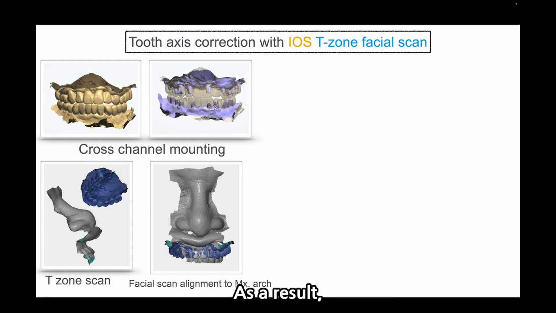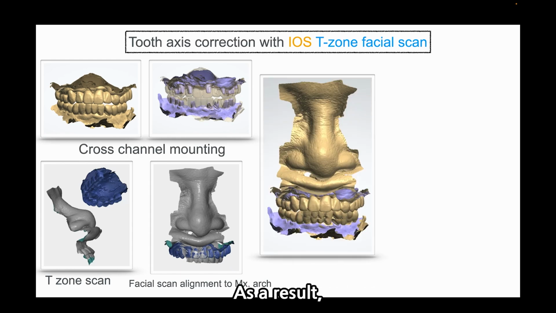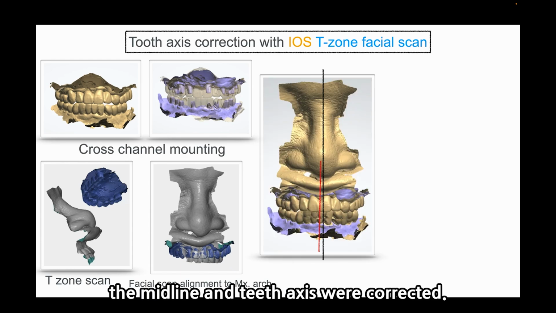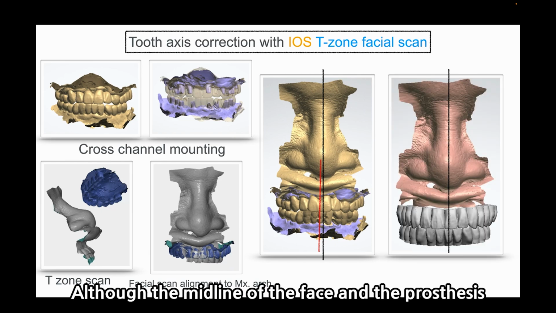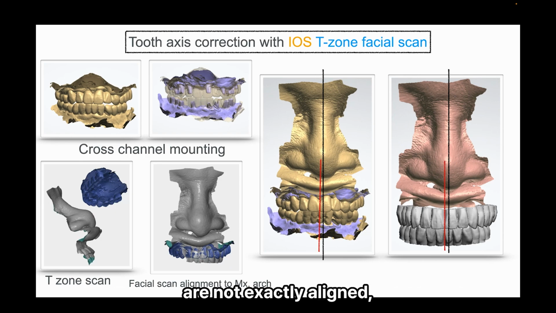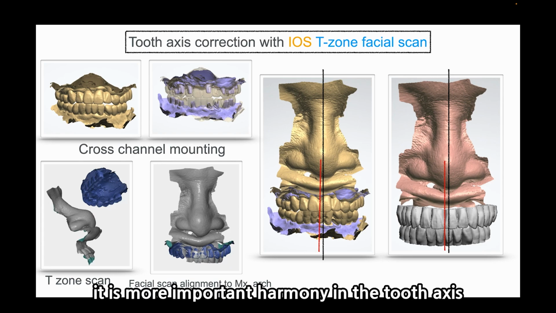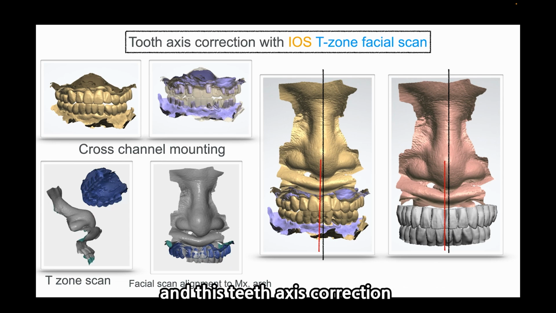As a result, the midline and teeth were corrected, although the midline of the face and the prosthetics are not exactly aligned. It is more important to have harmony in the tooth axis, and this tooth axis correction compensates to some extent.